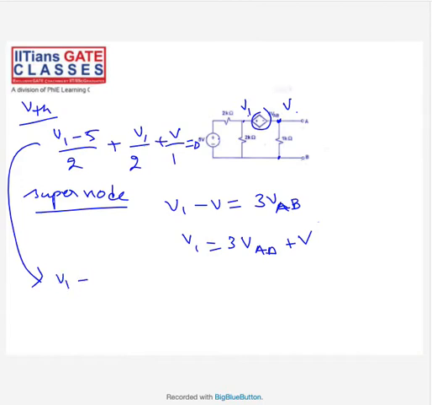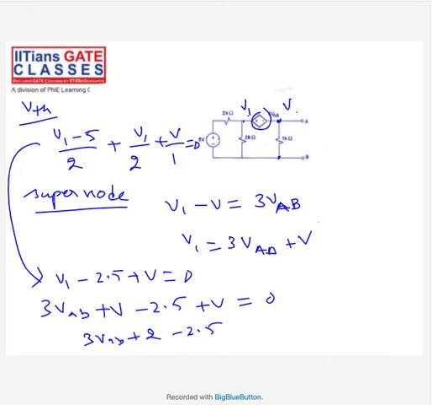V1 minus 5 by 2 is 2.5, plus V is equal to 0. So V1 can be written as 3VAB plus V minus 2.5 plus V is equal to 0. So this will be 3VAB plus 2V minus 2.5 is equal to 0.